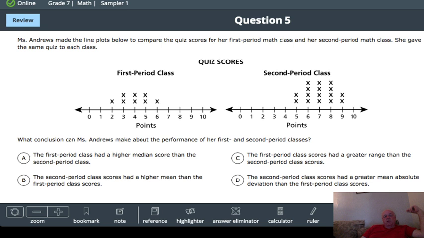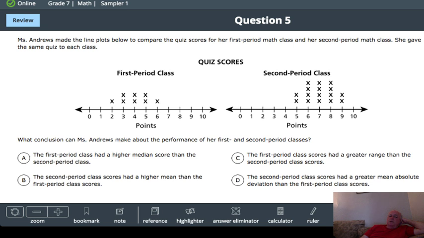So if we just take the first period class, there's a 2, two 3s, two 4s, two 5s, and a 6. Since they're talking about the median, that's the middle number of those.